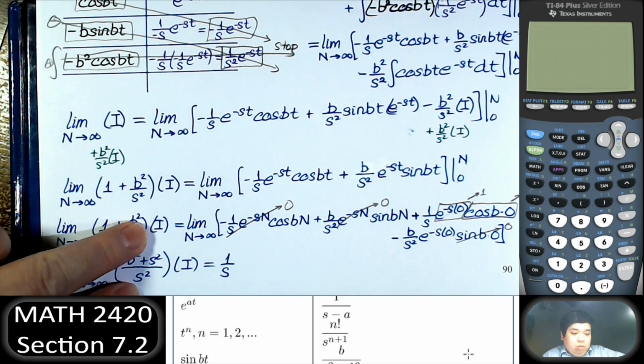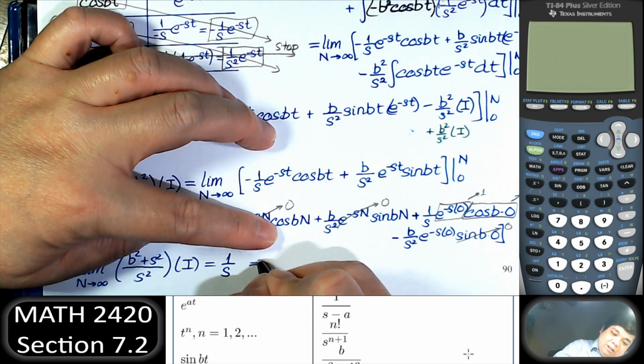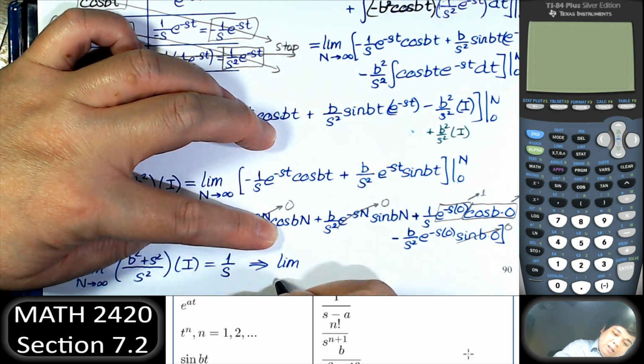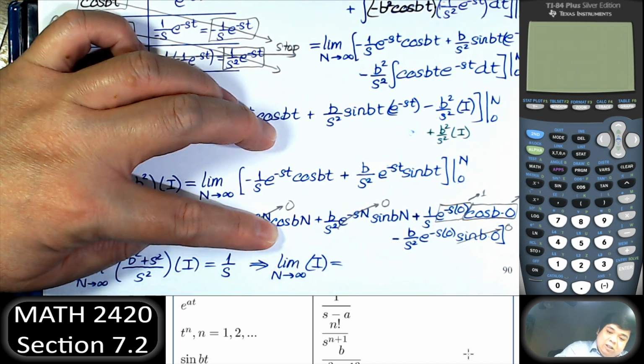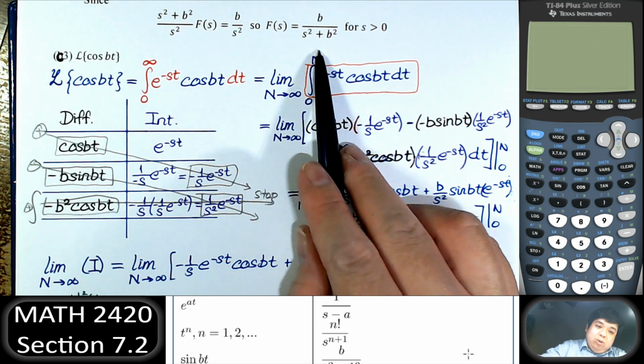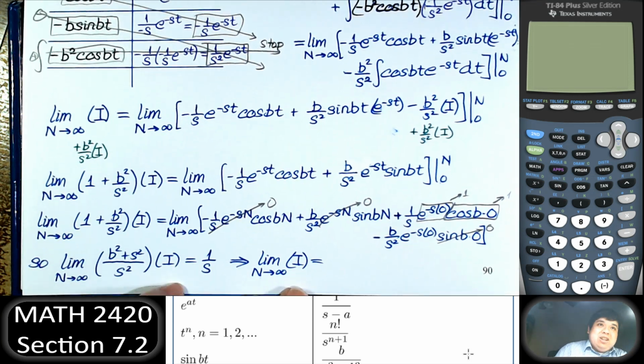Now multiply the reciprocal on the other side, we have the limit as n goes to infinity of the integral of I. Yeah, that integral including the limit. I should put that limit in the box, but regardless, we have that.